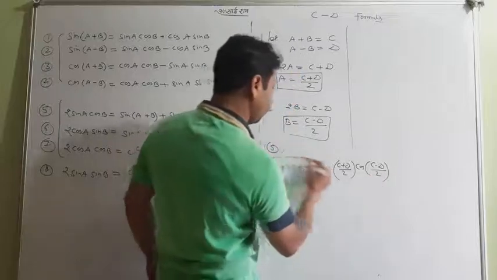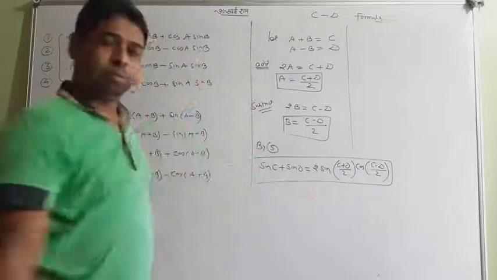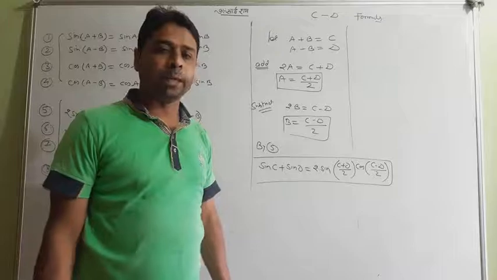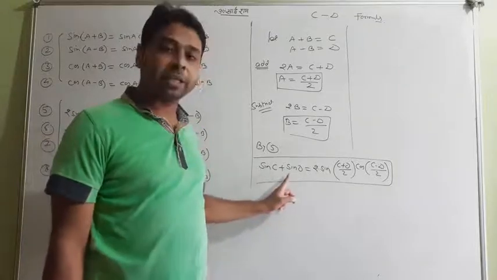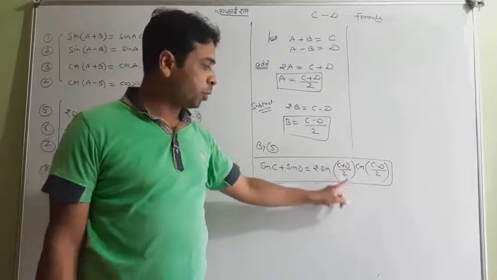Now you can read the formula. It is called a CD formula. Now read it: sin C plus sin D is equal to 2 sin C plus D by 2 cos C minus D by 2.